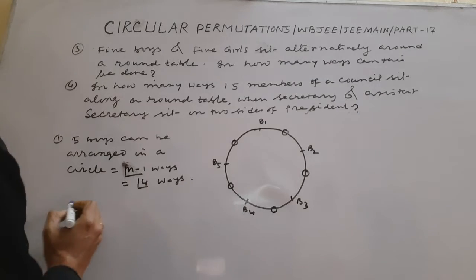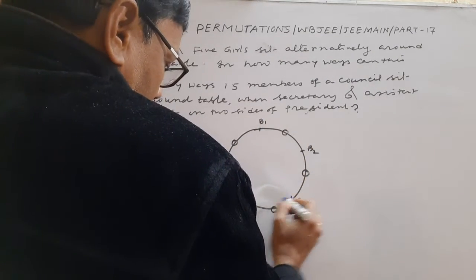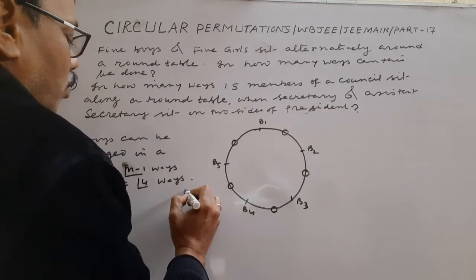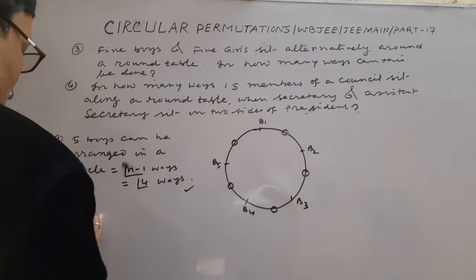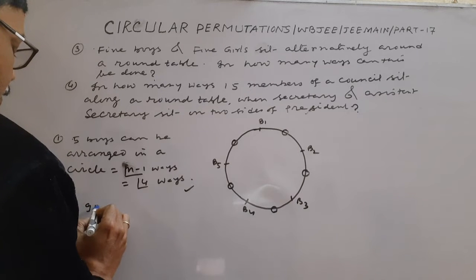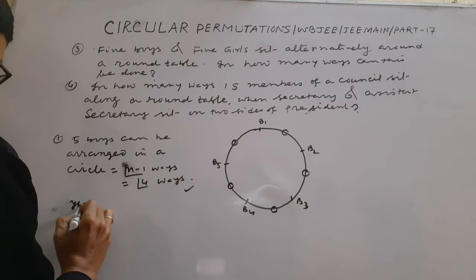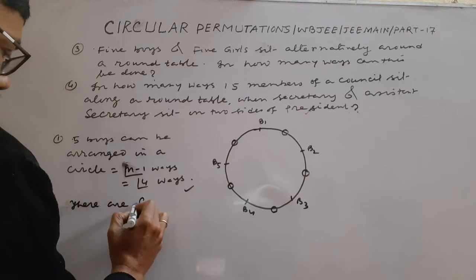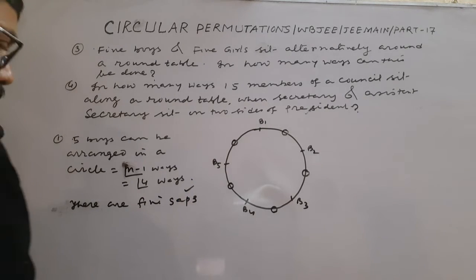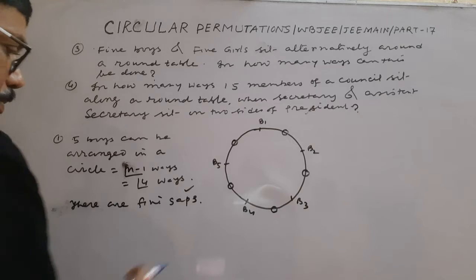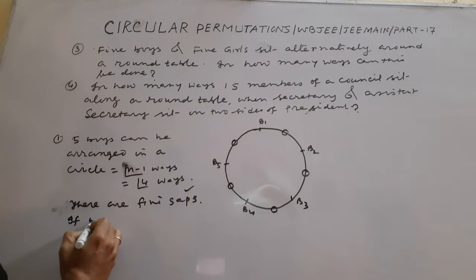Now putting girls here. Now 5 girls. So there are 5 gaps. There are 5 gaps.